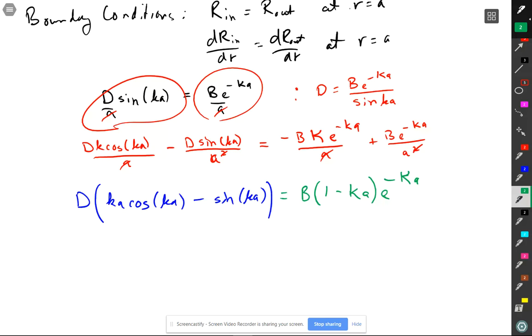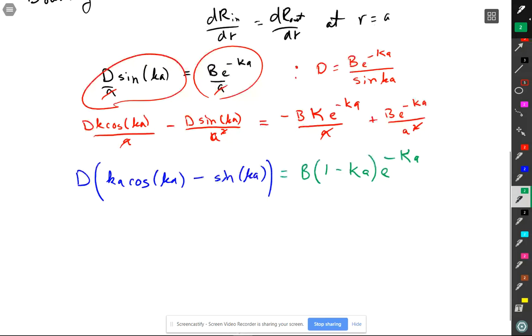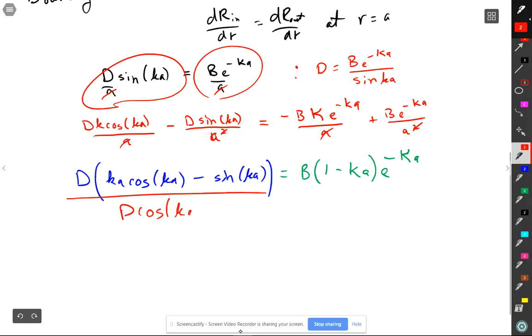Well, I just divide all terms by d cosine. Why cosine instead of sine? Because I wanted to get tangent, actually.